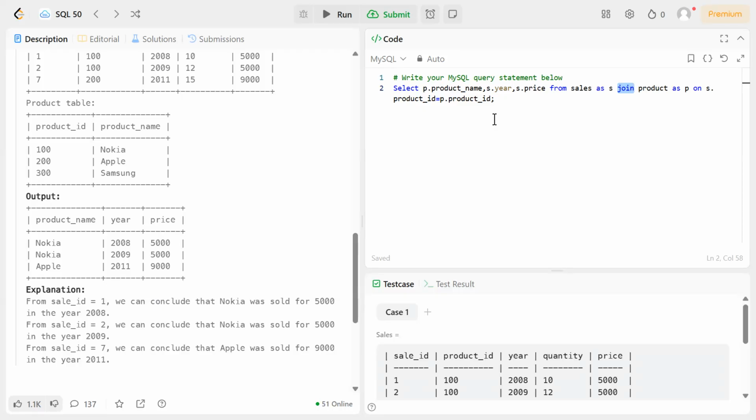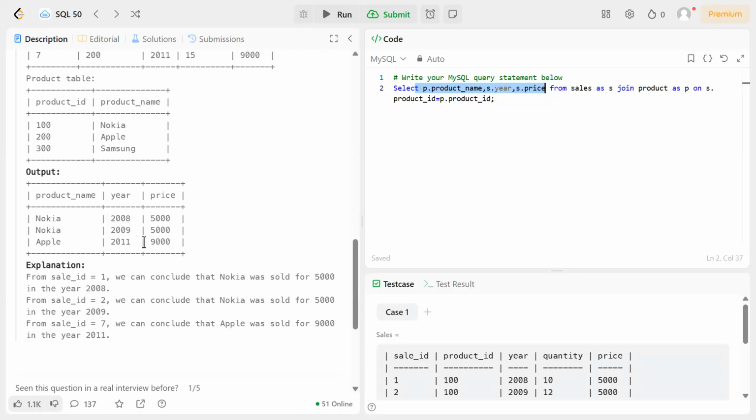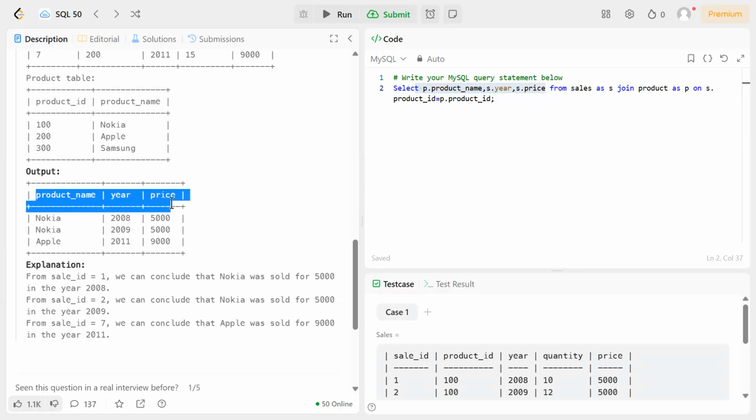We perform an inner join between sales and product using the product ID column. This also ensures that we get the product name for each product ID in the sales table. And then we select these three columns that are required for our desired output table.